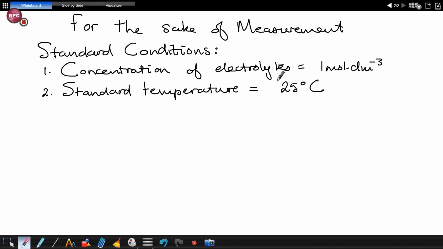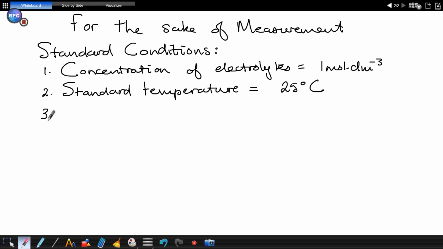The faster the reaction takes place, the more the energy output will be. Concentration would affect the rate of the reaction as well. So when you want to measure things and compare different voltaic cells' output, you need to start off with the same concentration. So standard concentration is 1 mole per cubic decimeter.